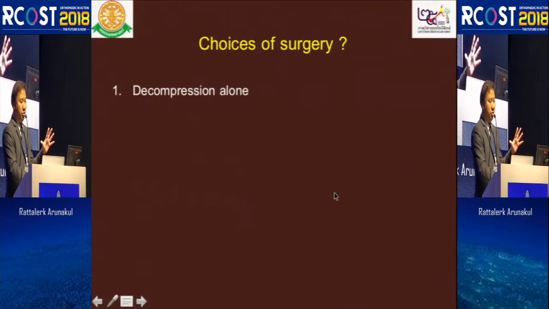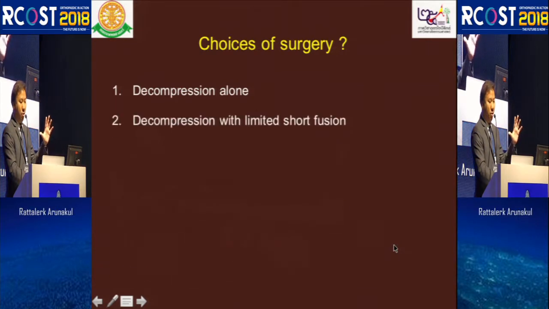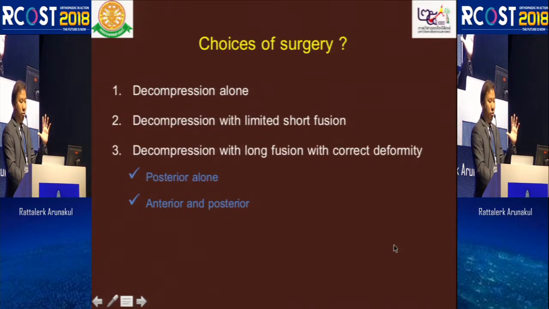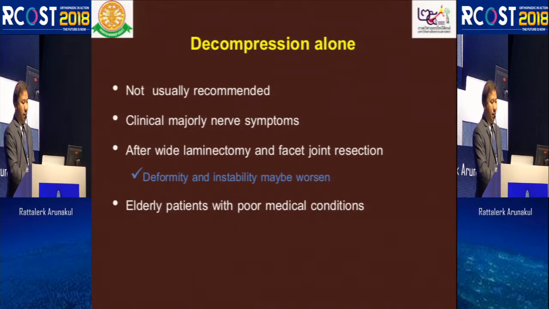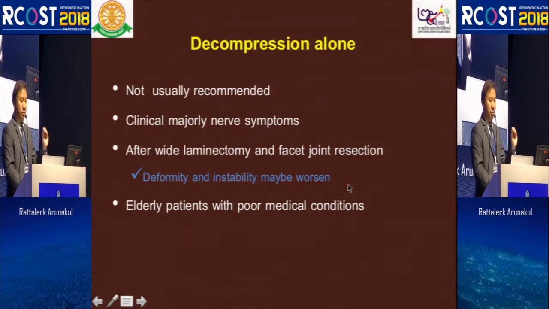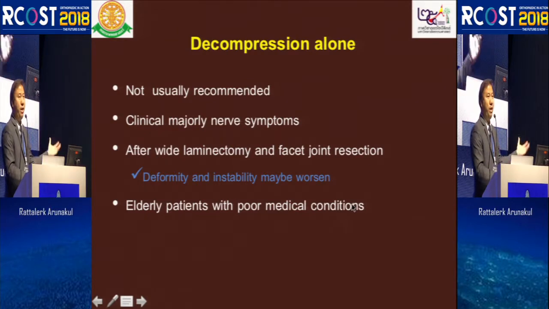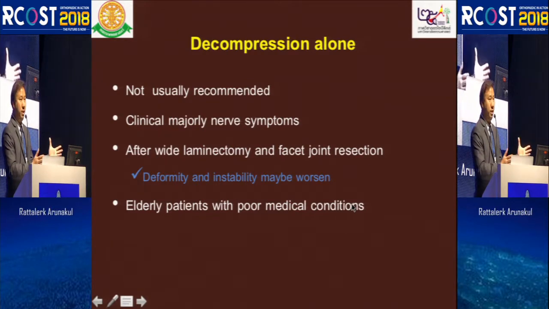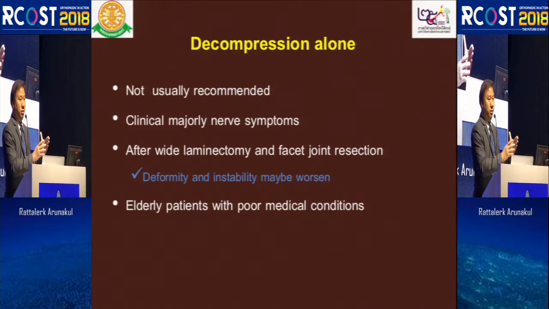This is a cone of economy that we try to follow. So the choice of surgery now is decompression alone, a limited short fusion, and a long fusion to correct the entire deformity. Decompression, this is the principle, not usually recommended, but may treat the nerve symptoms. Maybe you can do that, but you have to be aware, because in the old days we used to do wide open surgery, so that creates more weakness to the spine.